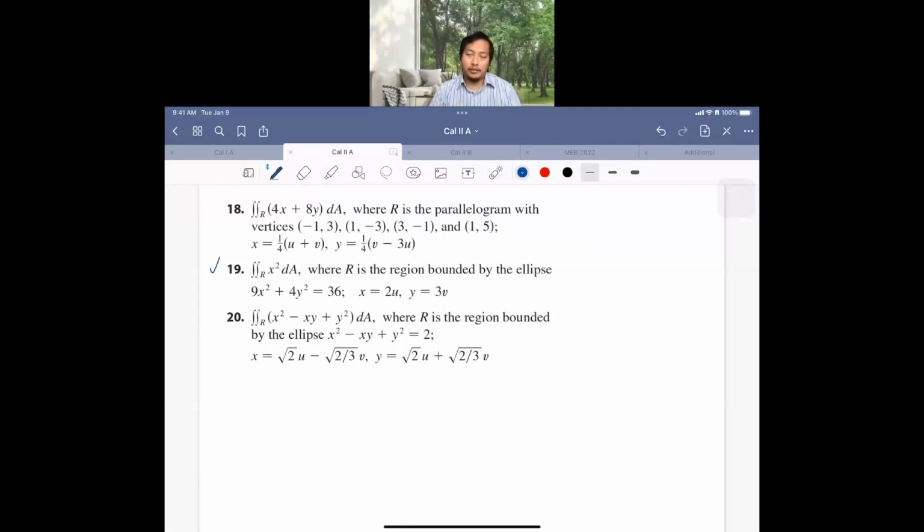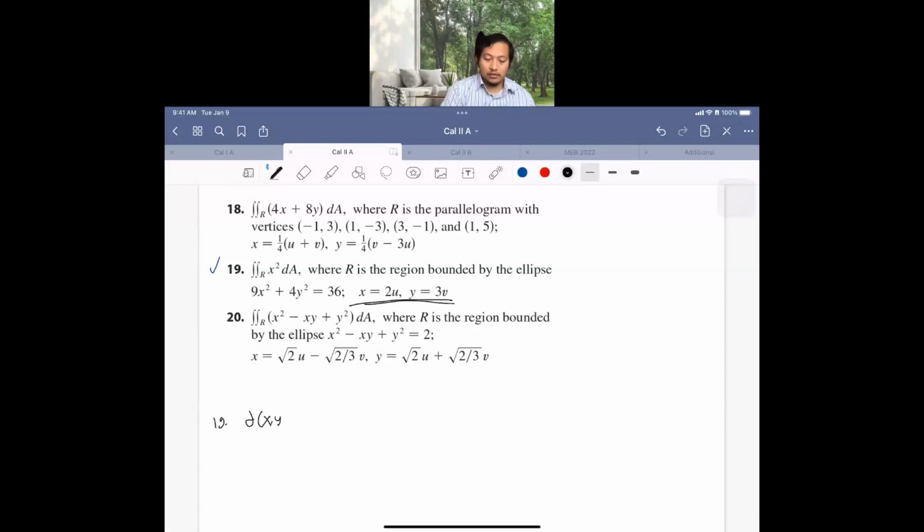Usually we have the parallelogram, we have the line equations, we have some structure on the sides, but we don't have the ellipse. First, if we are given the transformations, we already have this function equation to connect x, y to u and v, then we can start with the Jacobian. We start with Jacobians for 19.